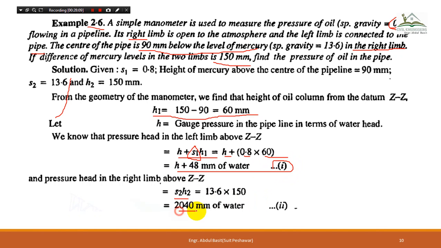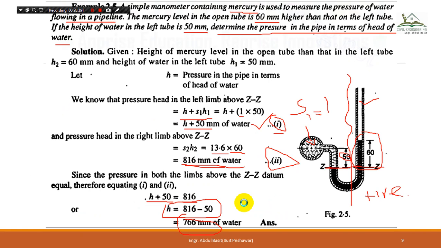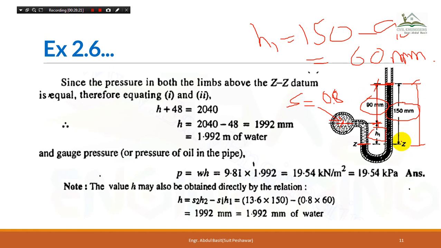And this is equation 2 for you, where mercury is present and the specific gravity of mercury is 13.6, and H2, the mercury level difference between the two limbs, is 150. This is H2.